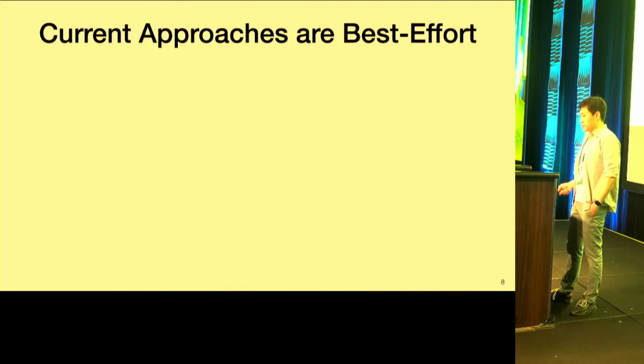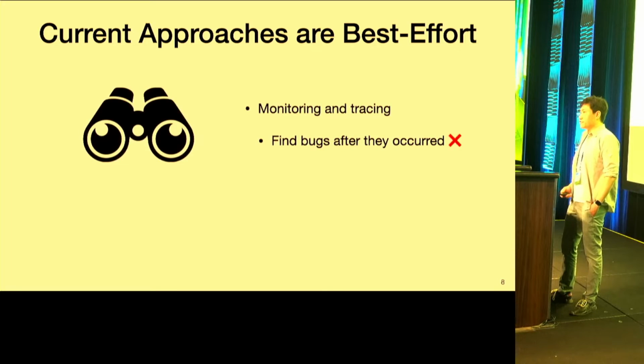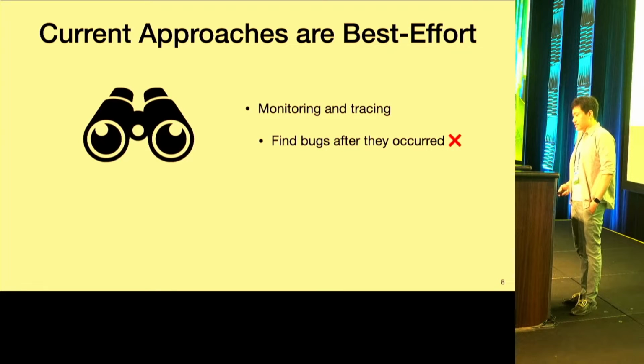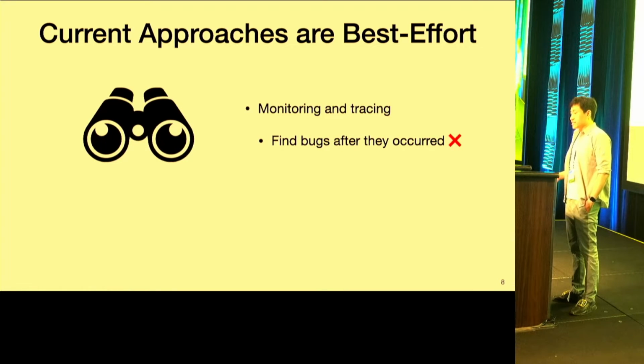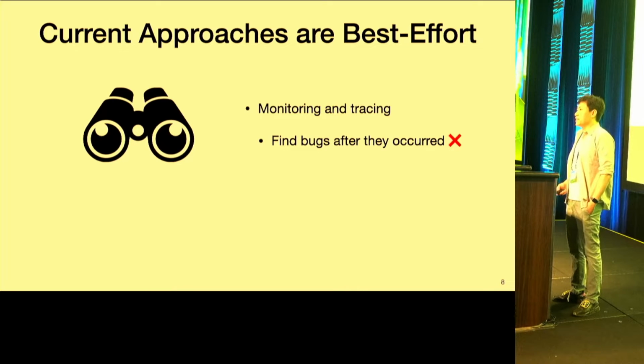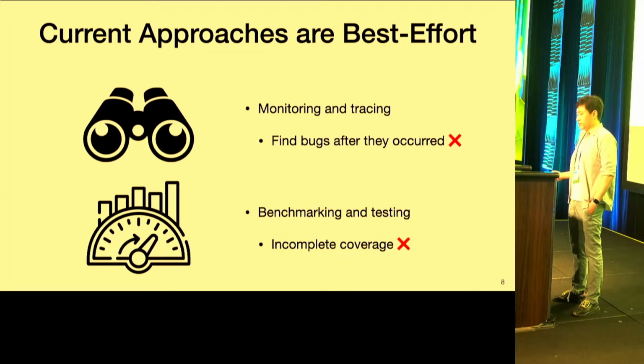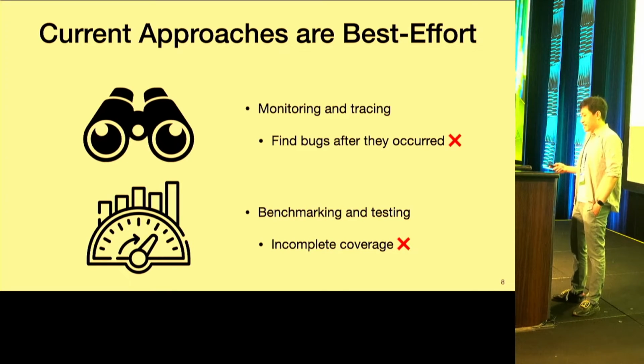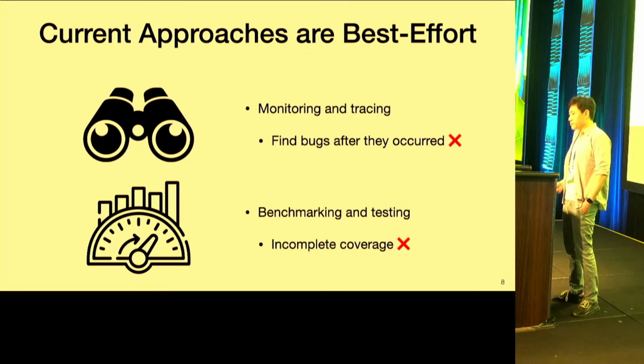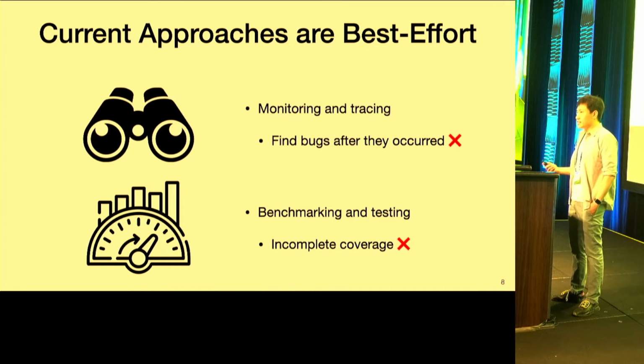Currently, developers employ two techniques. First is through monitoring and tracing a system in production. This isn't ideal because bugs can only be found after they've already caused problems. Another technique is to benchmark the system before deployment. But just like any testing approach, it is virtually impossible to cover all edge cases, especially in a complex system.